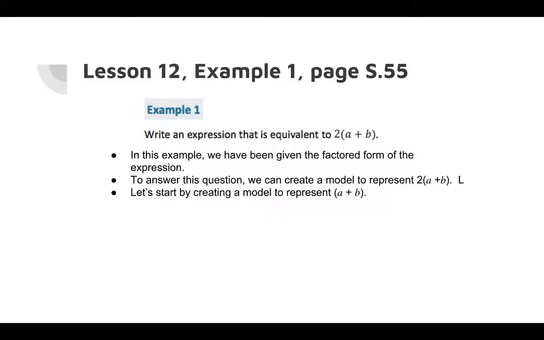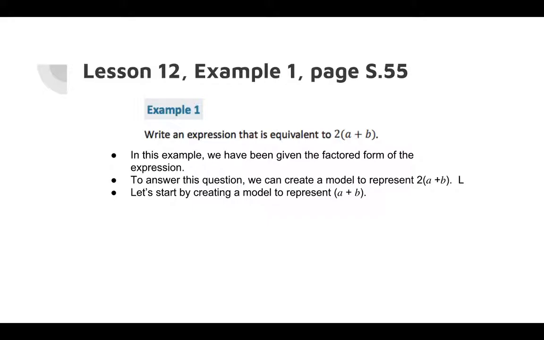In this example, you have been given the factored form of the expression. Factored means we've factored out the 2, right? We've removed the 2, but we know that we're going to multiply the sum a plus b by 2. Okay, and to answer this question, we can create a model to represent 2 times a plus b.